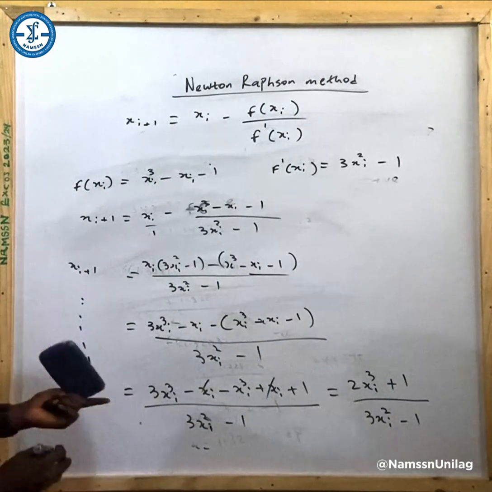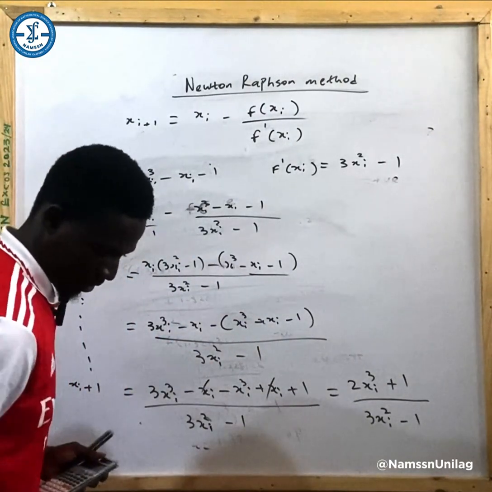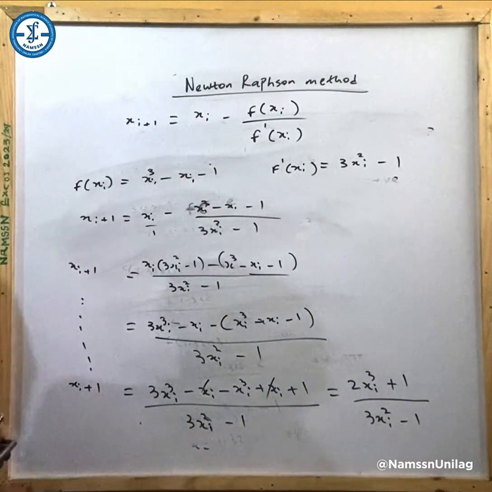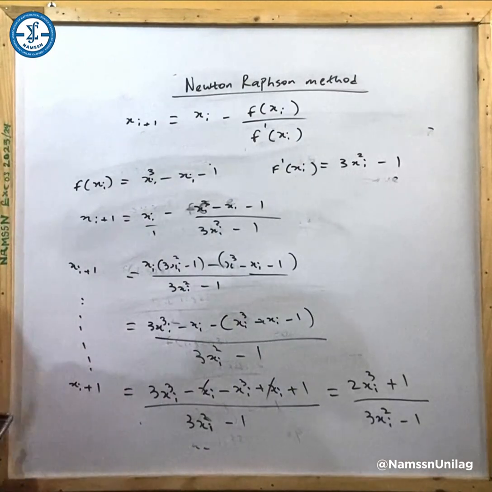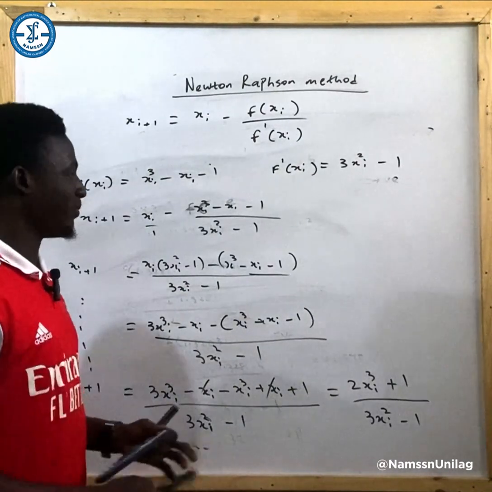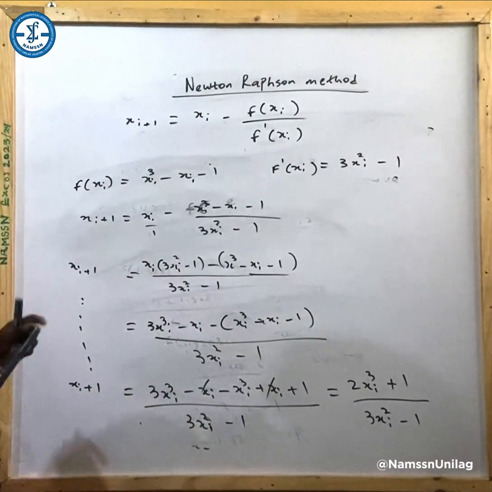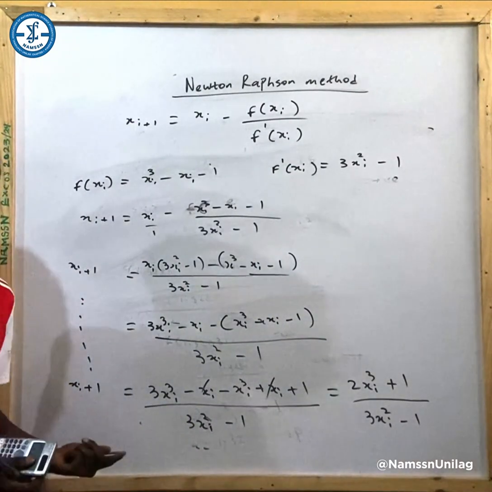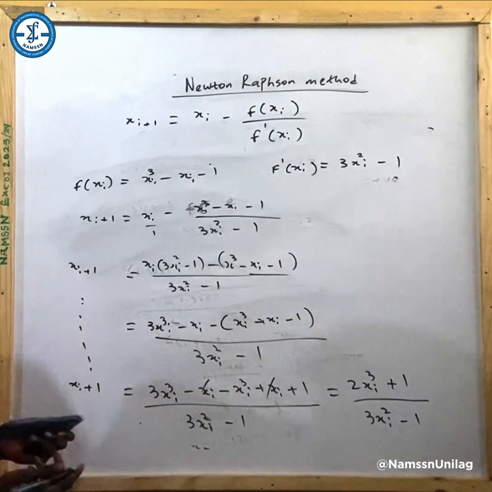Then after getting this scheme, we'll start iterating. Another thing for most of these methods is that you need to get an interval. Most times you'll be given your intervals, but if you're not given, you need to use trial and error to figure out your interval.